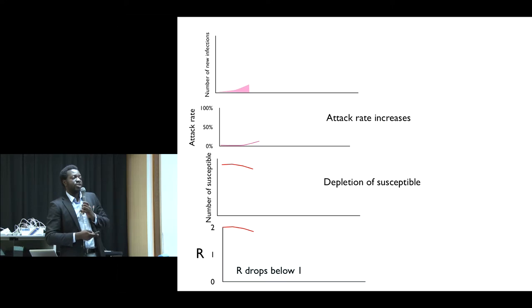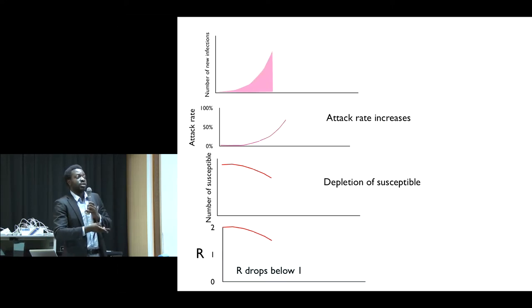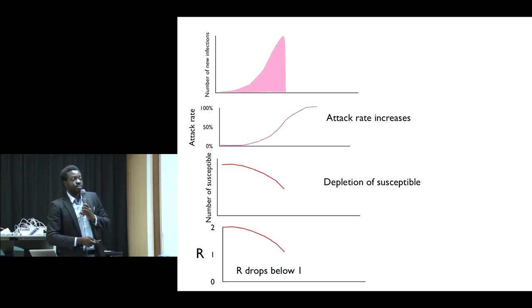So this is showing you what happens. As the epidemic goes on, the attack rate increases. The proportion of susceptible goes down because some people become immune. And R also is going down. And at some point, when R becomes 1, it means that we have reached a plateau, a stable point.